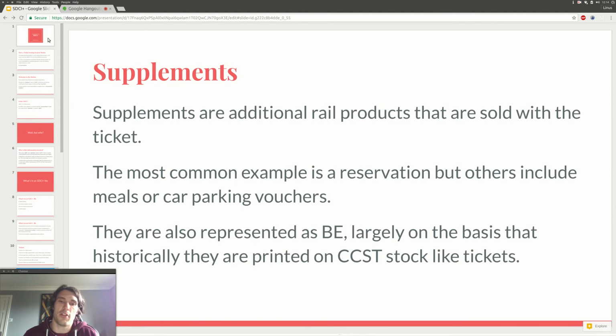But unfortunately there are differences between the data in a supplement and a ticket, and so sometimes you have to mangle the supplement into a BE record by taking information from the ticket it's associated to. An example of that would be a supplement I don't think has an origin and a destination or a route code, so typically you just take the one from the ticket and cram it into the record.